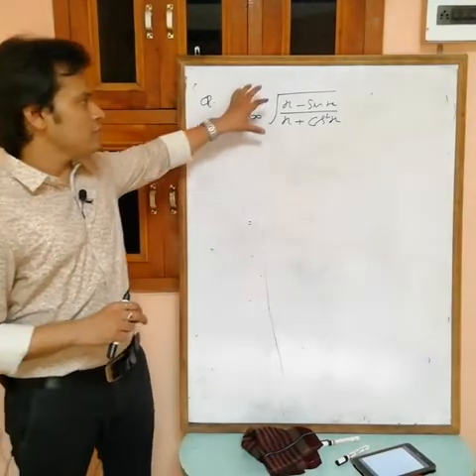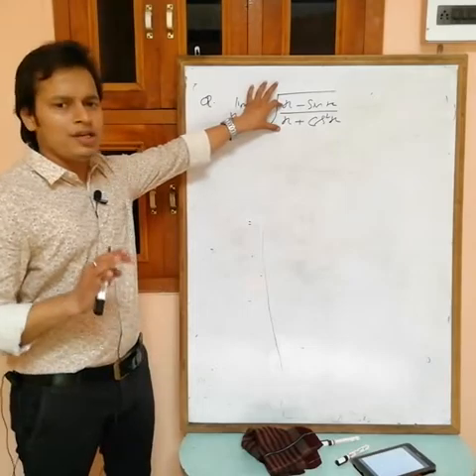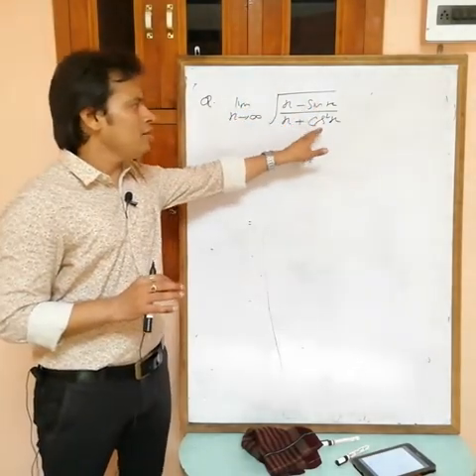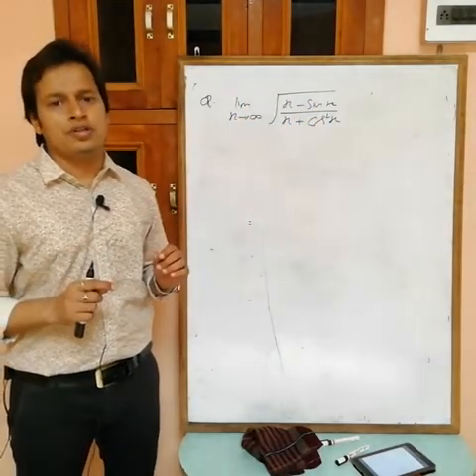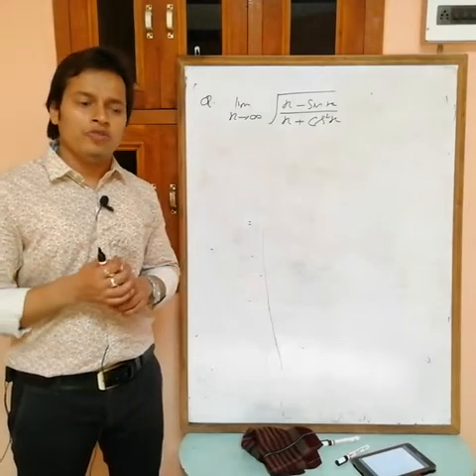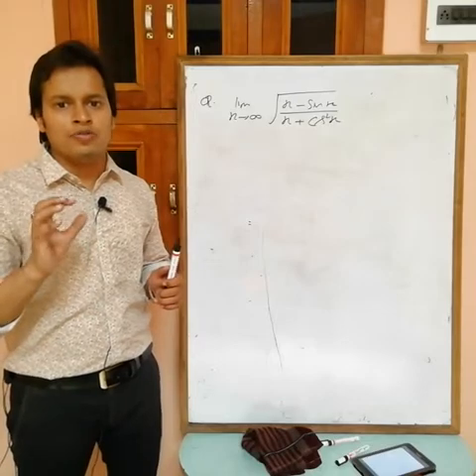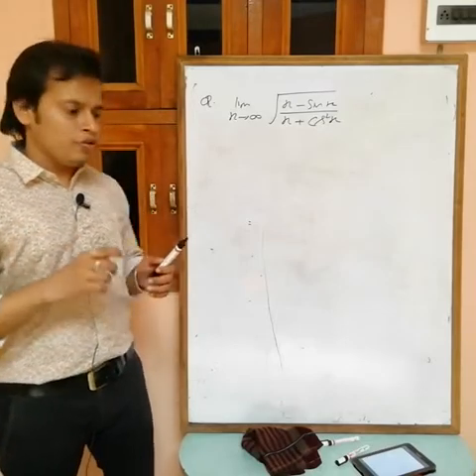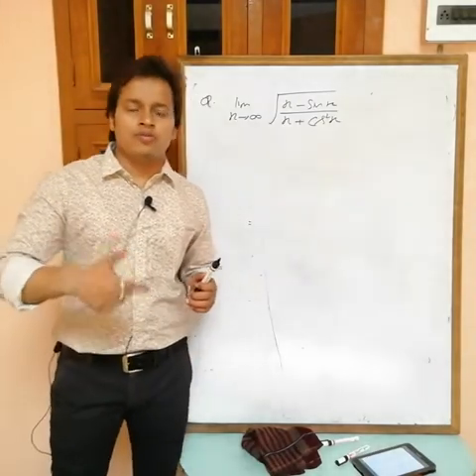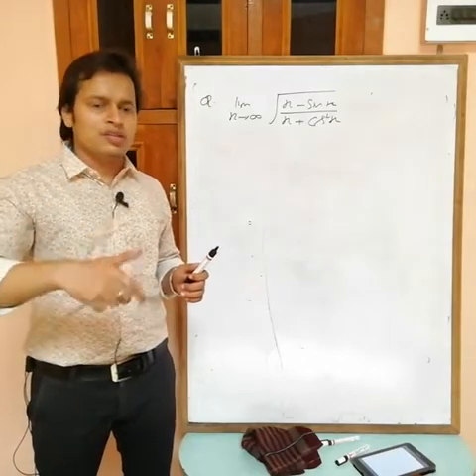Actually, infinity by infinity we are getting, but here sine and cos are bounded functions. You differentiate any number of times, but they do not vanish to 0. You differentiate sine x, you will get cos x, then minus sine x, then minus cos x, then sine x again.